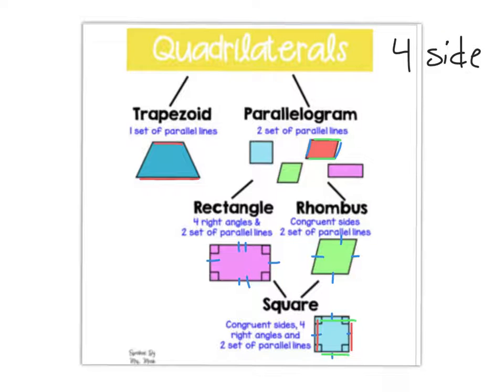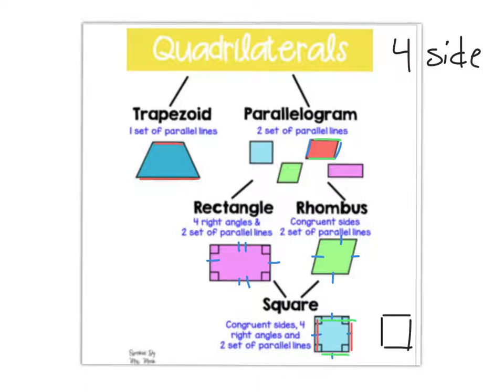Now where you're probably getting confused is when you see a picture of a square, you say, geez, Mrs. Spade, that's a square. And I say, you're right. But it's also a rhombus because it follows those rules. It's also a rectangle because it follows those rules. It's also a parallelogram because it follows that rule. It's also a quadrilateral. It's all of these shapes, but it's just a super specialized shape.